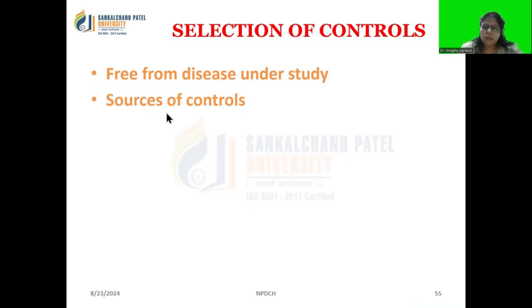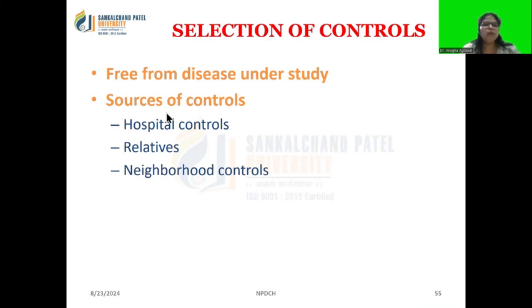There are various sources of controls again, like hospital controls. For example, if you're taking cancer patients from one hospital, in the same hospital you can take patients who have other ailments but not cancer, right? That is the easiest way. Then relatives: since relatives and the patient generally stay in the same neighborhood, they have the same habits and lifestyles, that's why we can have relatives as controls.